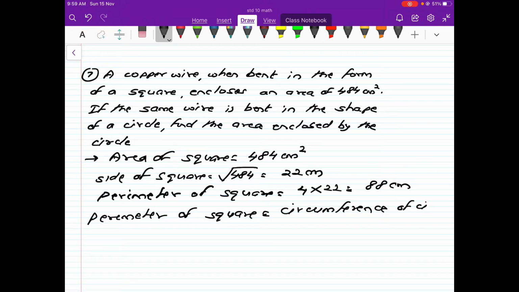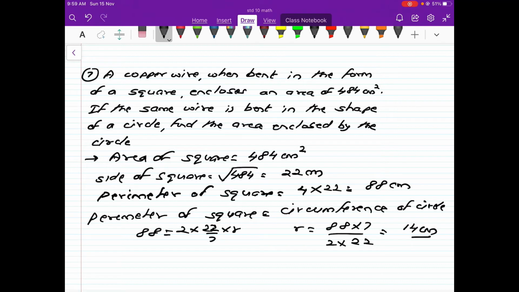So 88 is equal to 2 into pi into r. From here we will get the radius of the circle. So r is equal to 88 into 7 upon 2 into 22, so 14 centimeters.